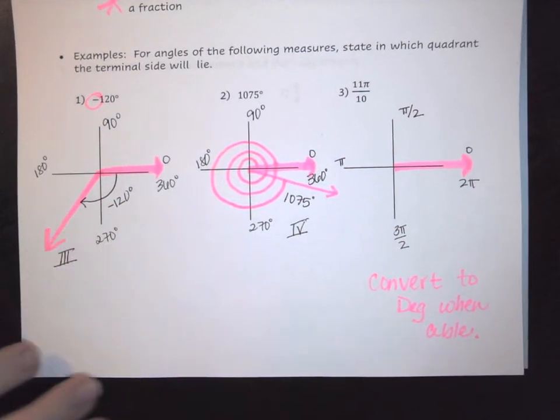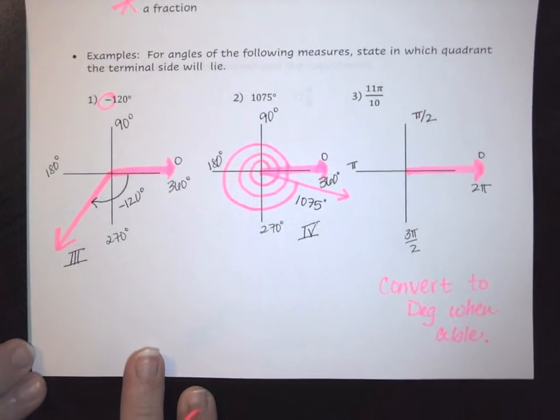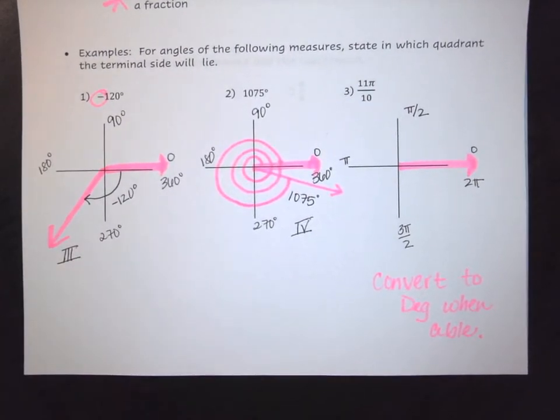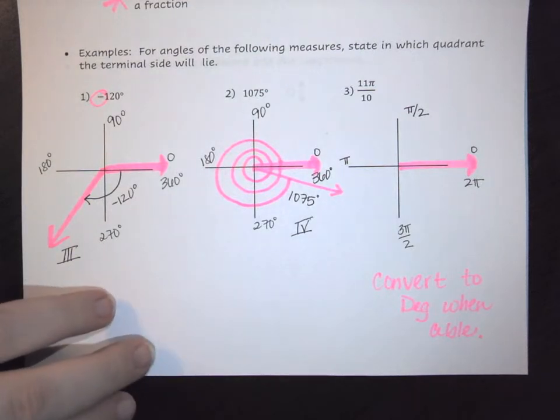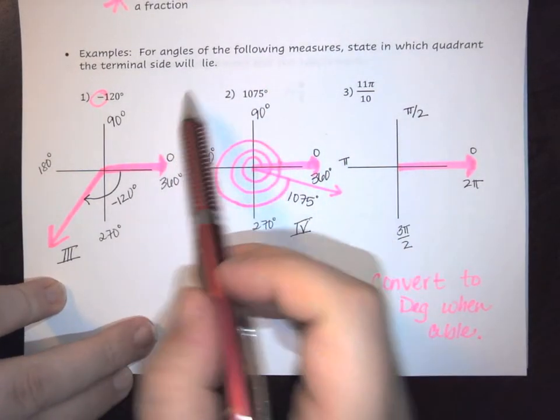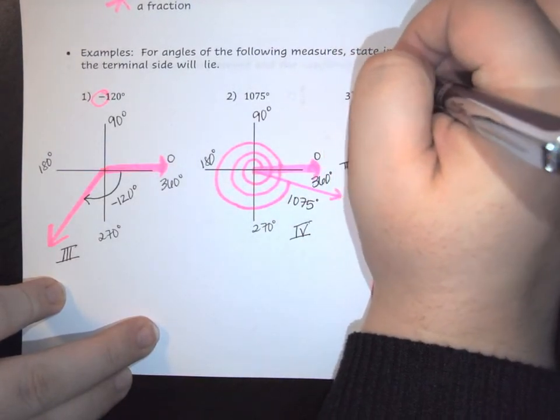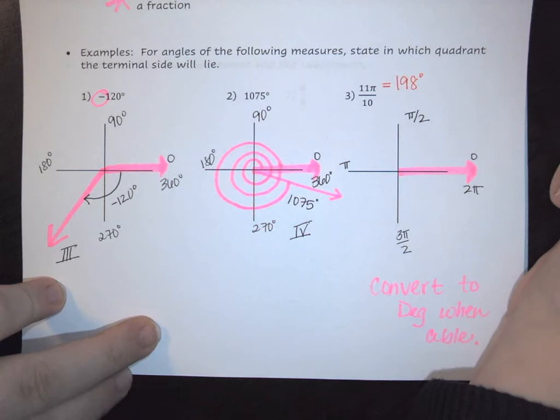The reason I say when able is because sometimes you will come across problems where you have to leave things in radian measure. In this case, nowhere does it say what we have to do. This is 11 pi over 10, which is roughly the same as 198 degrees.